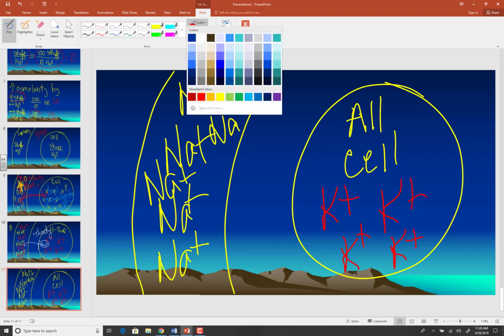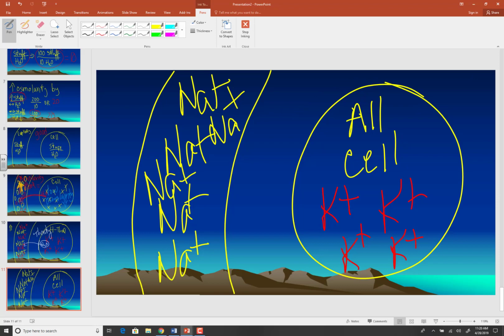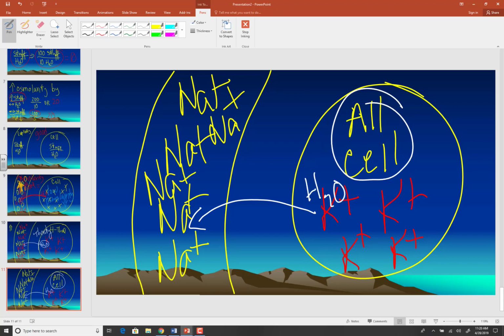So because of this, water from all the cells is going to get removed and go into the blood, because water always moves from an area of low osmolarity to an area of high osmolarity through a selectively permeable membrane. So all the cells are having their water removed due to this high osmolarity of the blood.